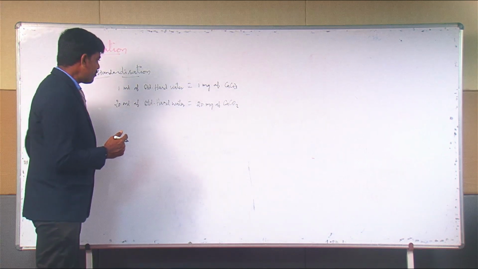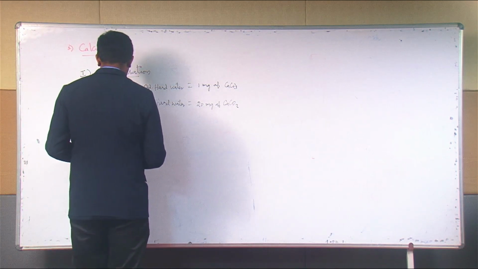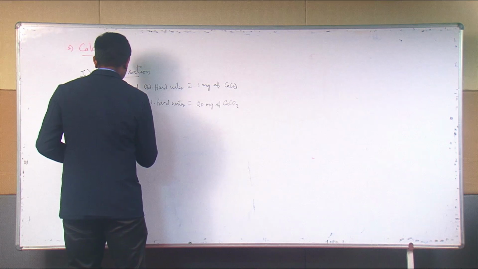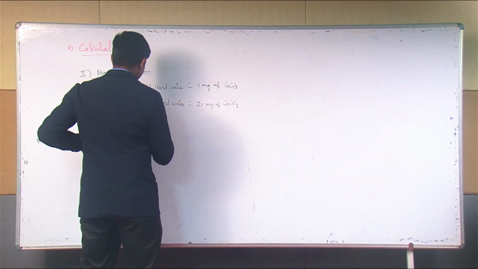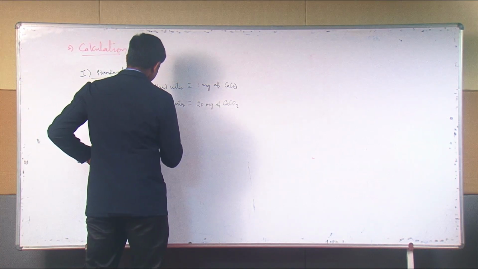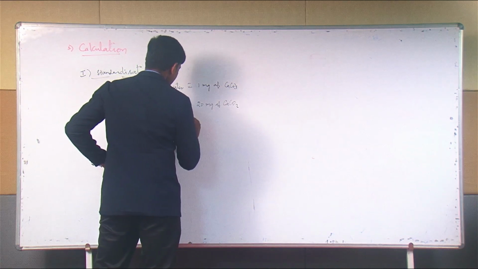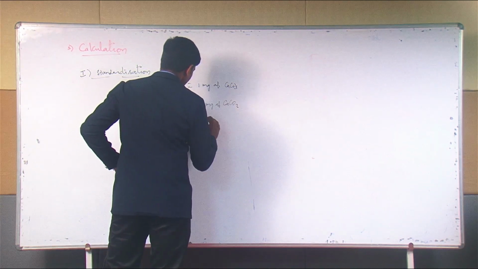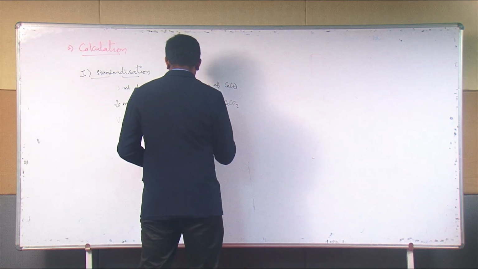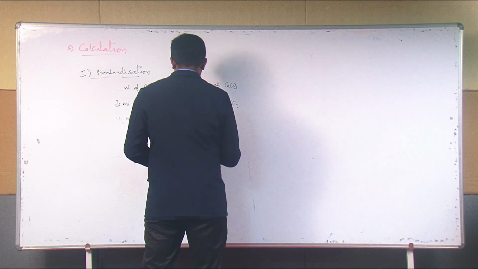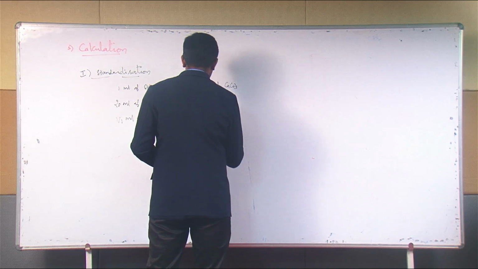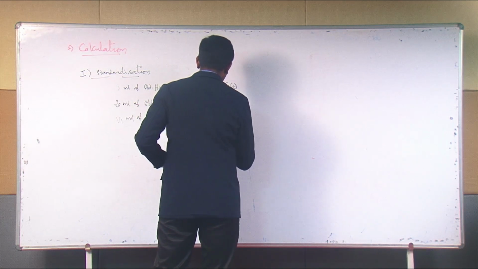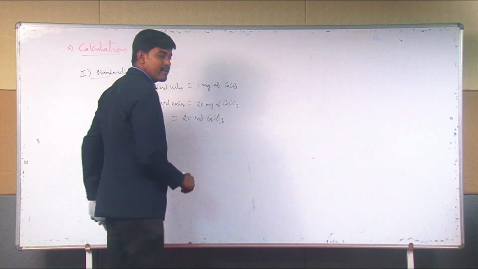So, V1 ml of EDTA is required for 20 mg of calcium carbonate equivalent.